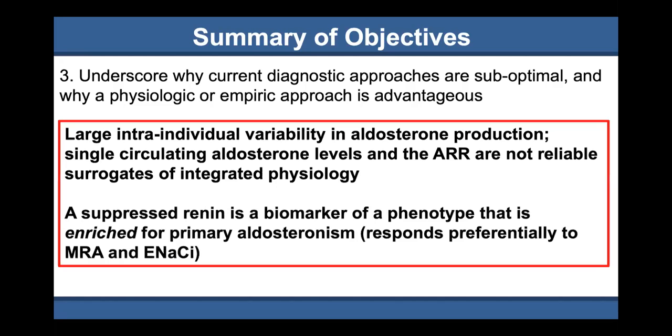On the other hand, a suppressed renin is a very good biomarker for a phenotype that's enriched for primary aldosteronism and responds preferentially to a mineralocorticoid receptor antagonist and an ENaC inhibitor. Almost any aldosterone in the context of a suppressed renin and the right pretest probability could represent a form of primary aldosteronism that responds well to this type of targeted therapy.